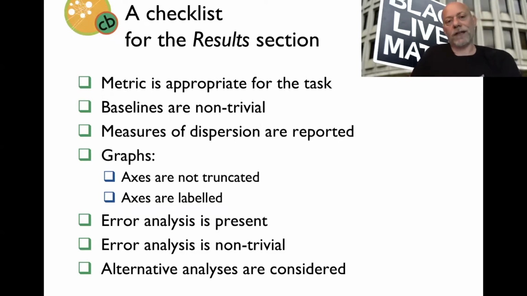Another thing that I like about reviewing results sections is that they're mostly straightforward. You can put together even a checklist for how you do them. Mine looks something like this. First, I'm going to ask if the metric is appropriate for the task. For example, accuracy is very rarely an appropriate metric in data science, machine learning, natural language processing.